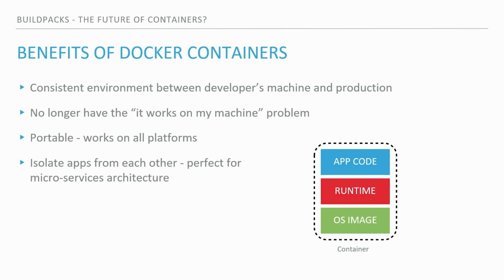We'll no longer have the "it works on my machine" problem, and it's portable and can run anywhere you can install Docker, so all common platforms. And it's perfect for isolating apps from each other, so it's ideal for microservices architecture.